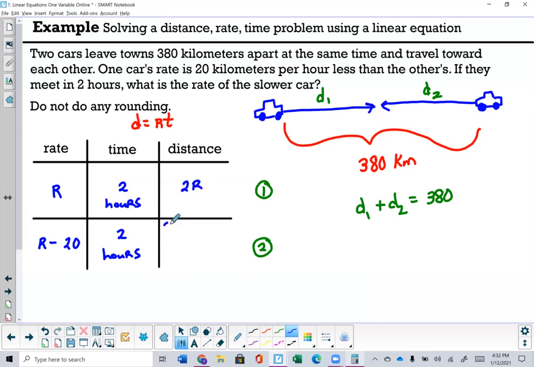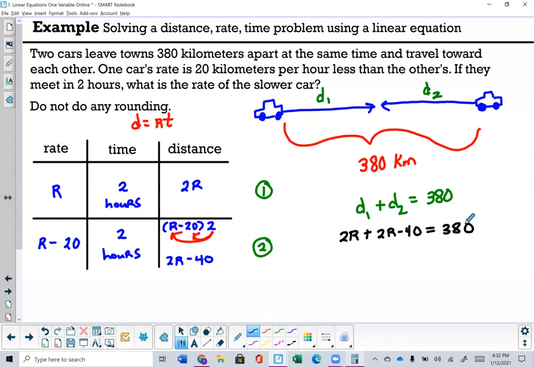We have to put the R minus 20 in parentheses, multiply by 2, which means we distribute the 2, and that gives us 2R minus 40. Okay, so there are the expressions for our distance. Now we can write an equation. We have 2R for distance 1 plus 2R minus 40 for distance 2, and that equals 380.